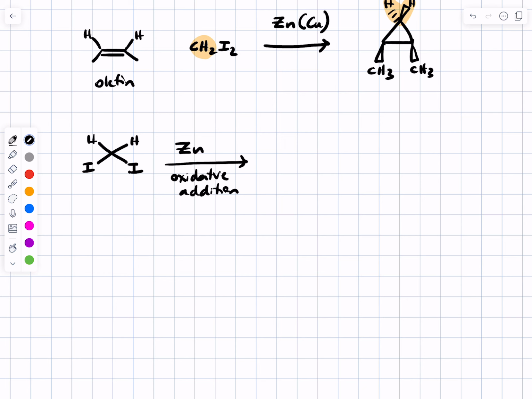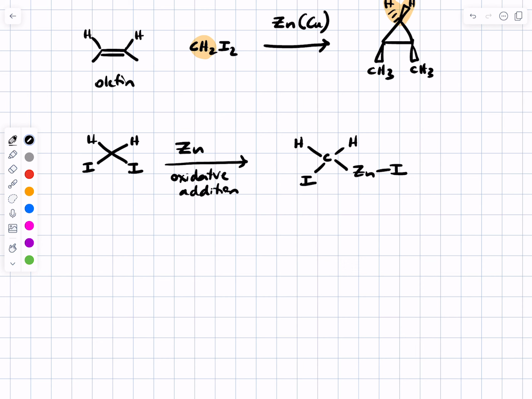Zinc is going to insert itself between the carbon iodide bond. Essentially, you could imagine lone pair electrons on zinc attacking the carbon and then the electrons in the carbon iodide bond leaving and going to zinc. But the intermediate that forms afterwards looks like this.